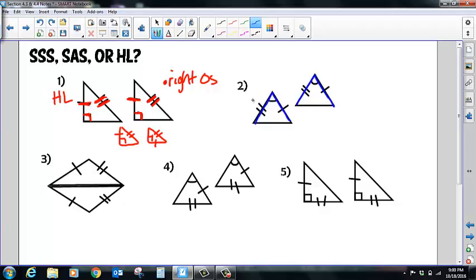So we have a side here, we have a side here, and then, oh, look it. We also have an angle marked congruent. So what you want to do is check and say to yourself, is this the connecting angle? And in this particular problem, it is, because this angle connects those two blue lines, or those two sides, together. So these two triangles are congruent through this side angle side method.